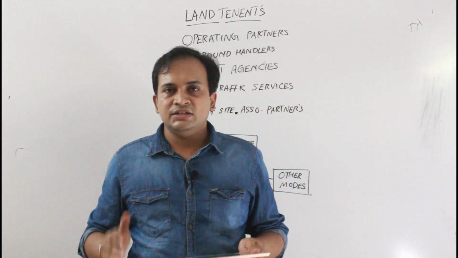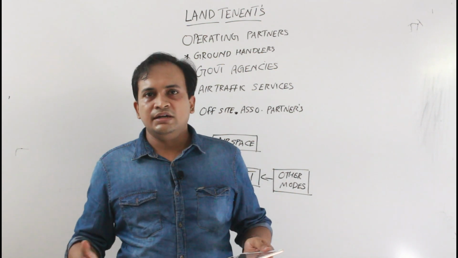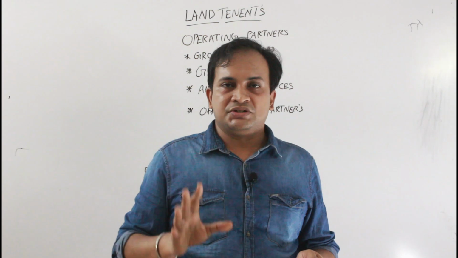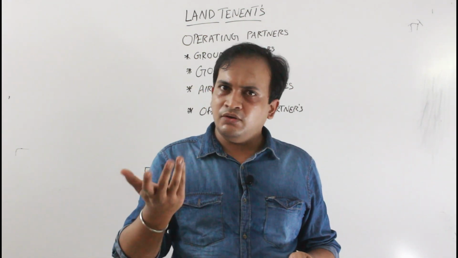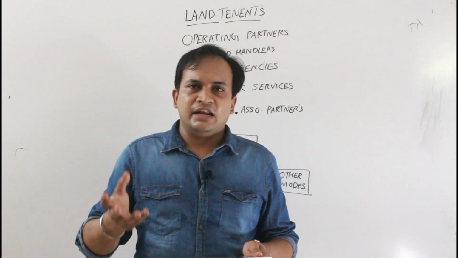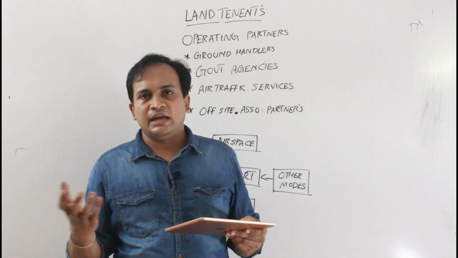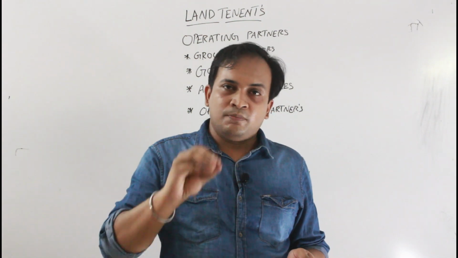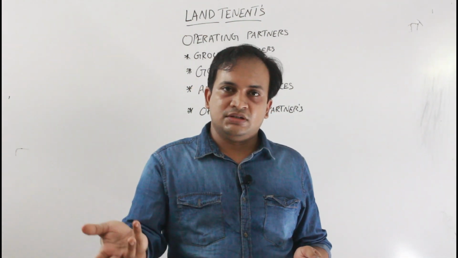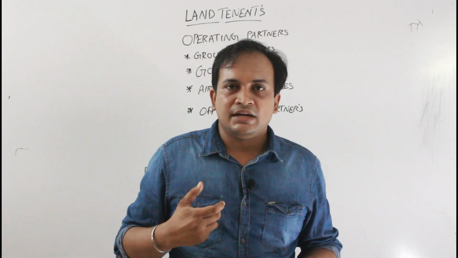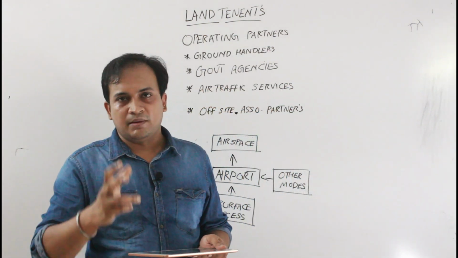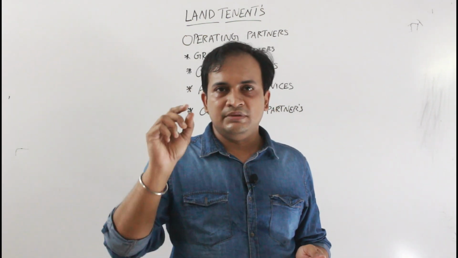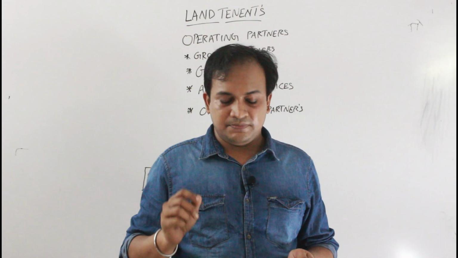Second one are the people who yield their revenue out of other services, which is non-aviation. For example, food. Let me take the name of a restaurant called KFC. KFC might be having their outlet in the airport. It is also providing a service to the passengers, but also is generating a revenue for itself and also for the airport. So the airport is also yielding its revenue from these kinds of non-aviation tenants.